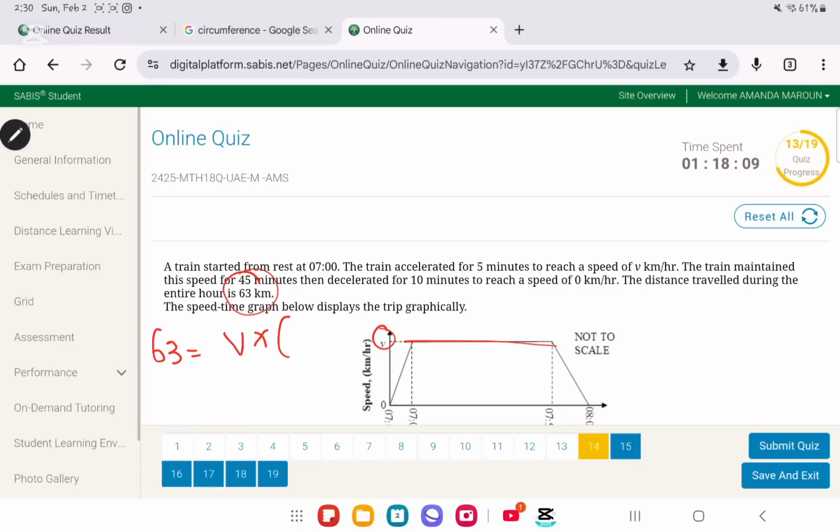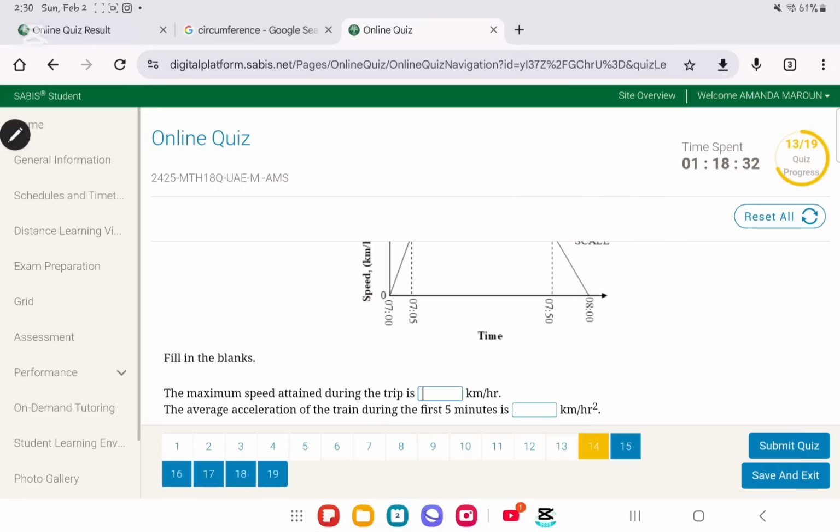But you have to change it into hours. So 45 divided by 60 will give you 0.75 hours. Plus all of this, which is all in all 1 hour, divided by 2. So 63 times 2 is 126. 126 is equal to V times 1.75. Then 126 divided by 1.75 will give you V, which is 72 kilometers per hour.